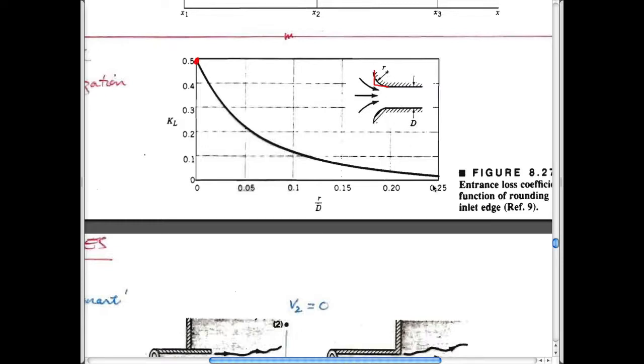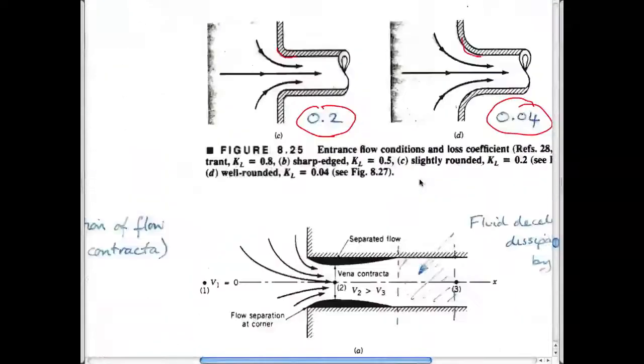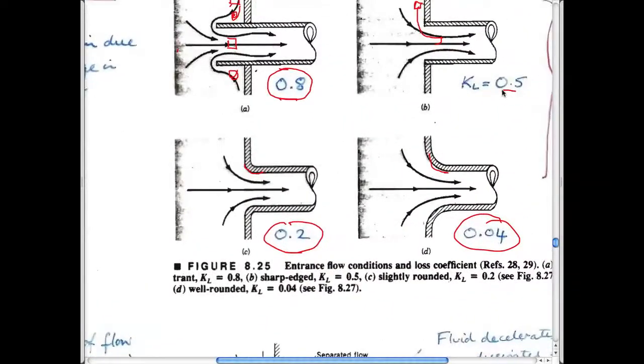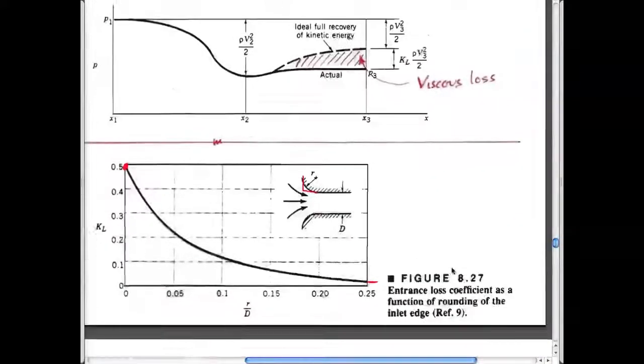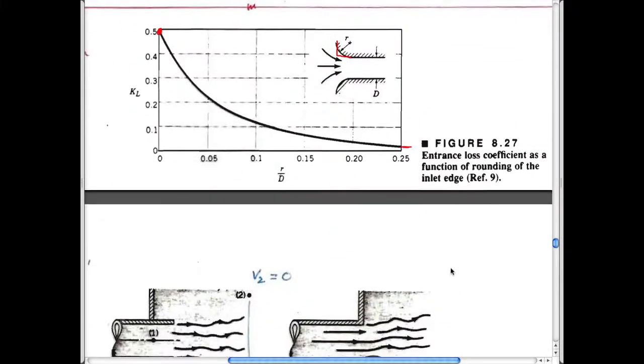When the radius of curvature is much larger, the loss coefficient goes to something small. And actually, this is really just an exposition of these figures above it, right? This is the 0.5, which is the first number on that scale, and these are the numbers for progressively more rounded connections. Okay? So that's one.